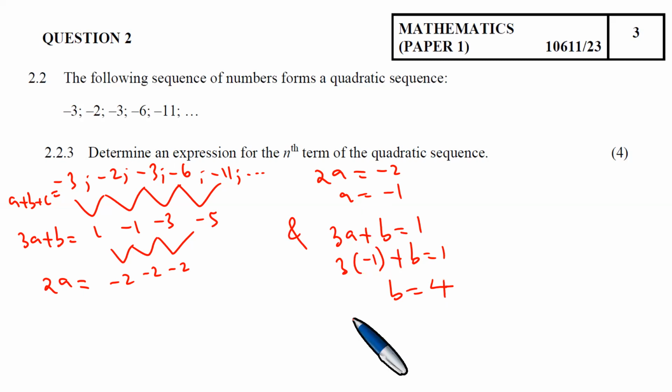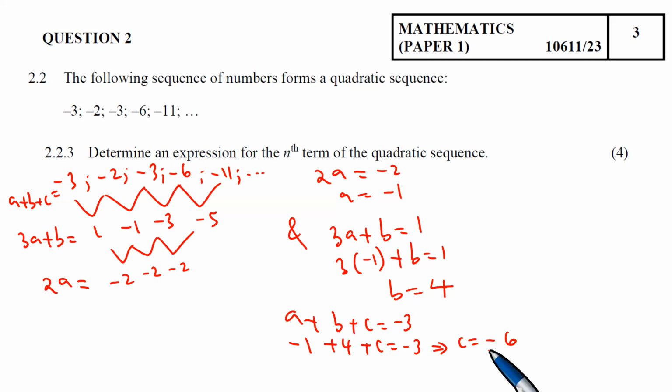And what is next? a plus b plus c is the first term, minus 3. So a is minus 1, b is 4, plus c, which equals minus 3, which means that c is actually minus 6.